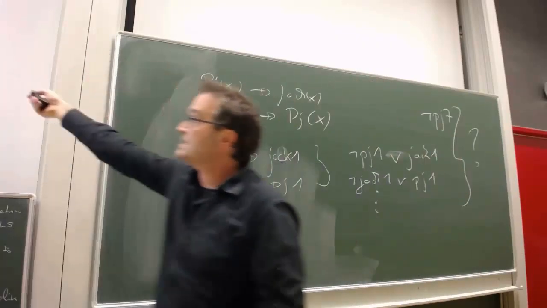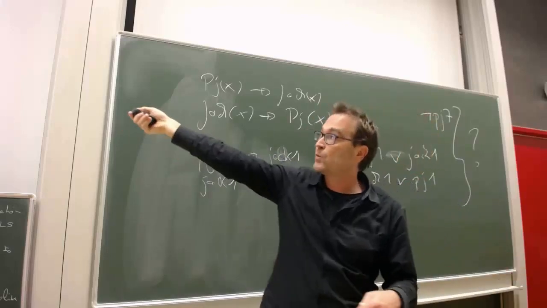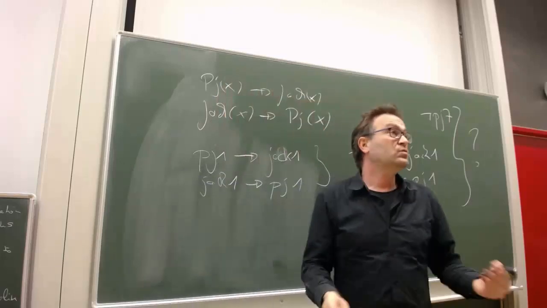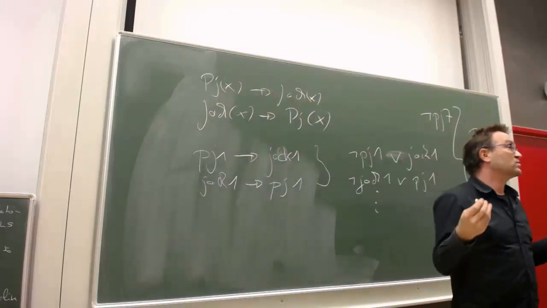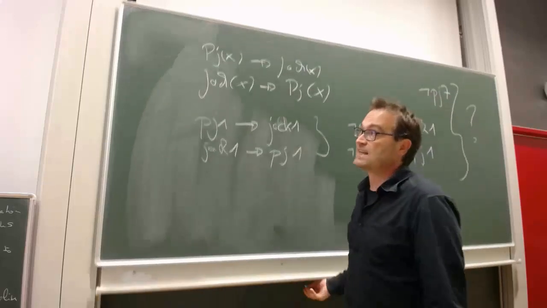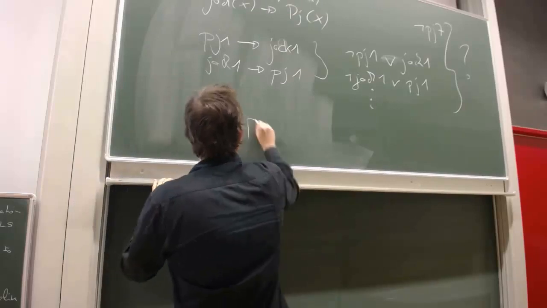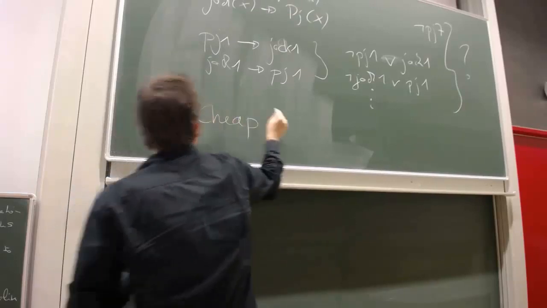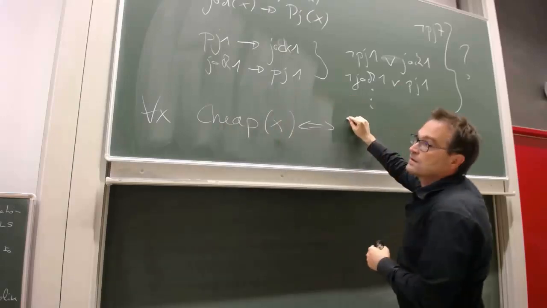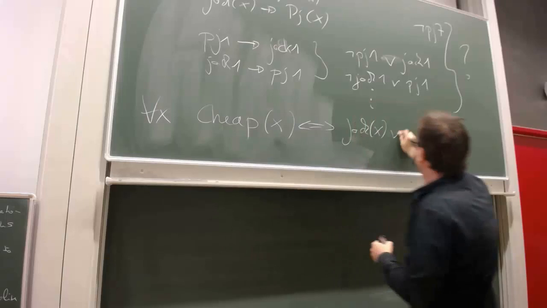Because what I've done here is a little bit sort of ugly. I say Jack X or Queen X or King X. What I should have done is to write one axiom in first order logic that says cheap. So for all x, cheap of x if and only if jack of x or queen of x.